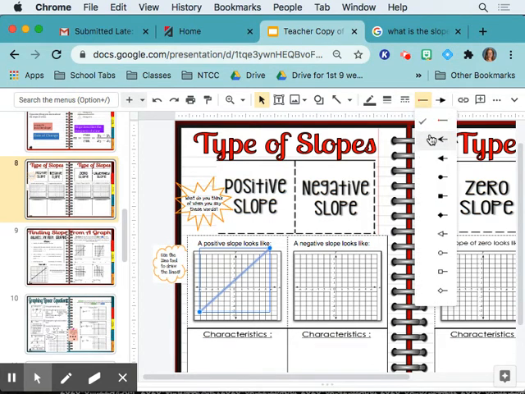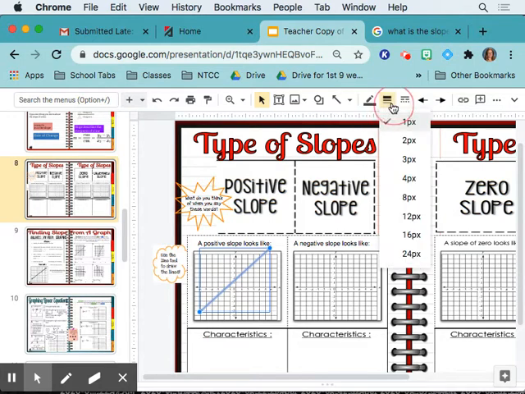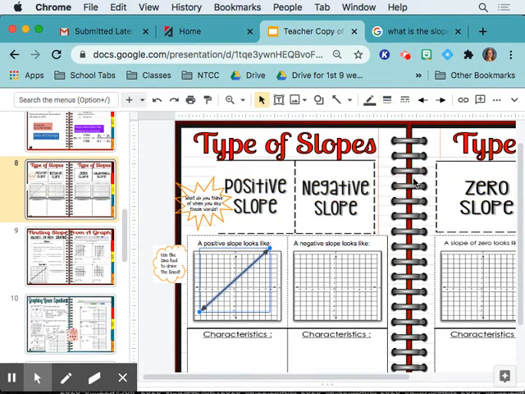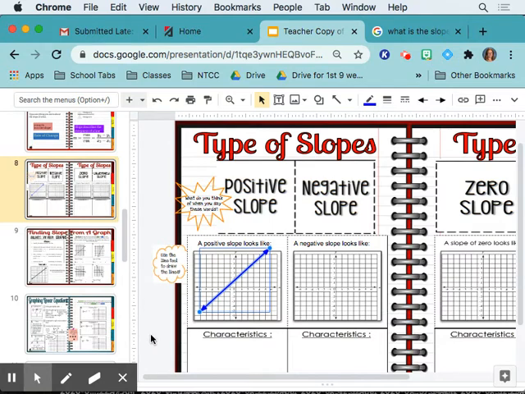For linear functions, we have arrows on both sides. Make it thicker, go over here, line weight, and let's make it a 4. And then we can also change the color by doing line color. So there is a positive slope.